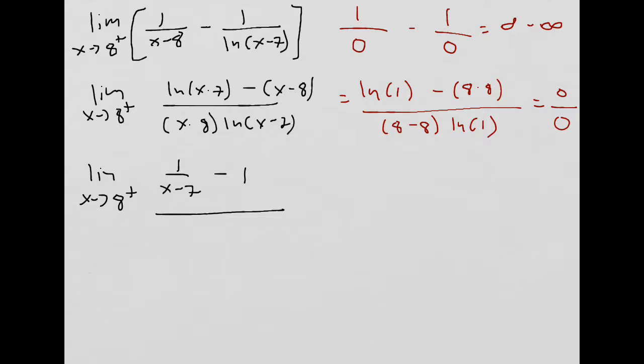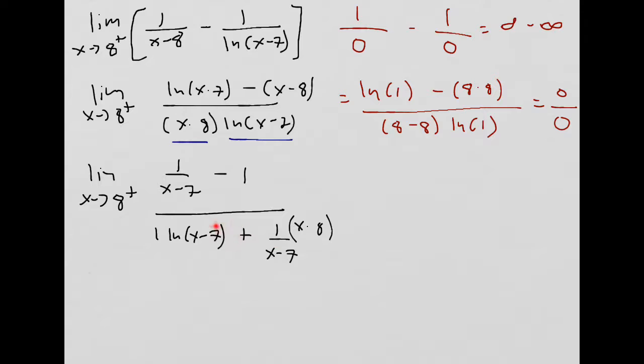If we call this the first function and that the second function, we get 1 times the ln of x minus 7 plus 1 over x minus 7 times x minus 8.